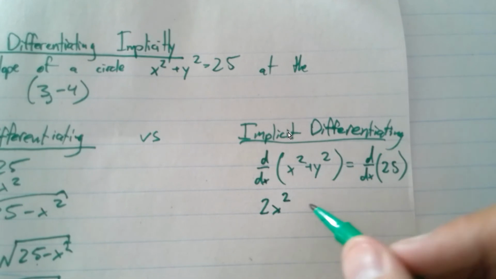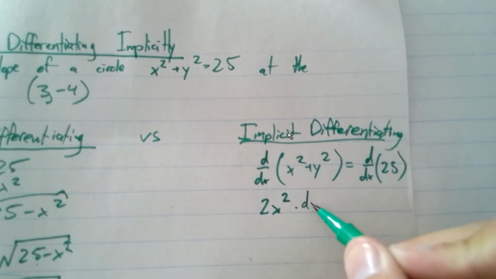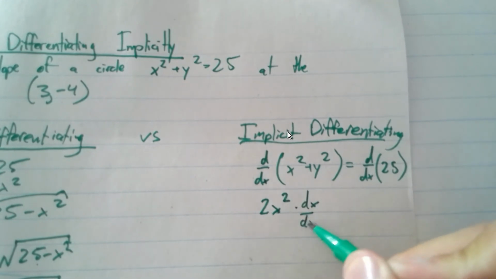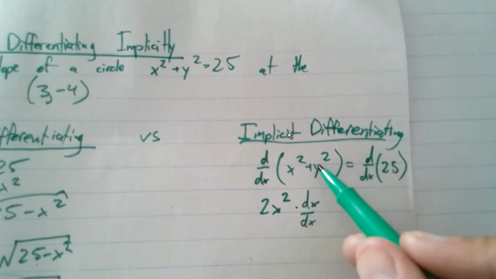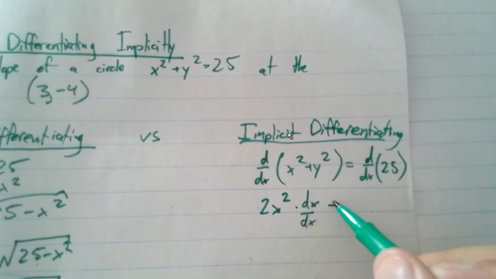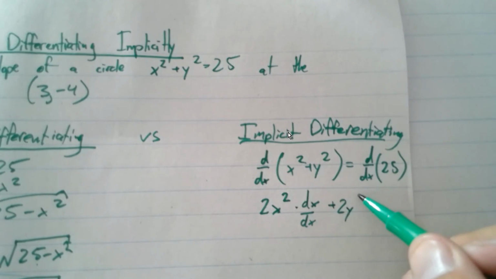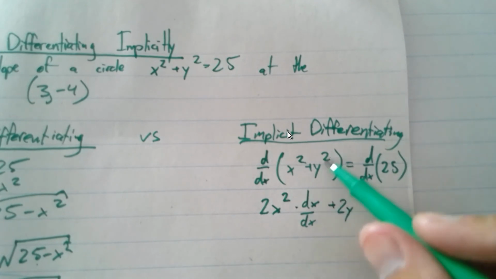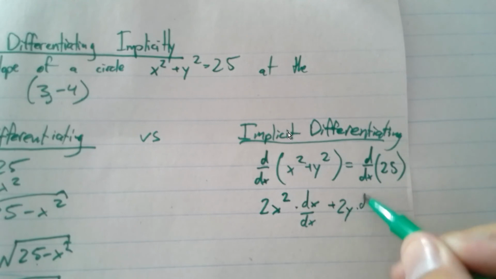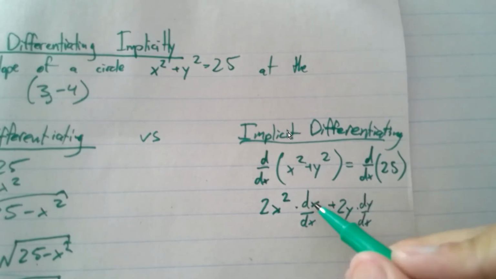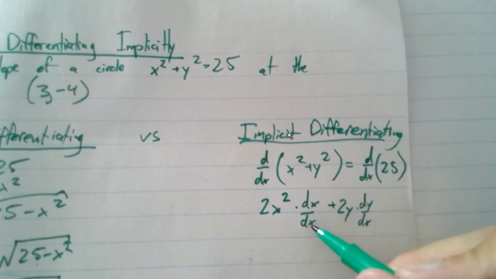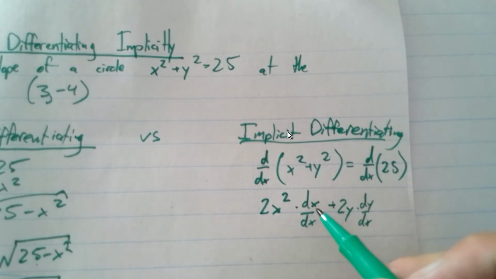Actually, if I did do the chain rule, some people ask me, how come I don't multiply by that? For the y term, that's going to be 2y times dy over dx. How come I didn't take the dx with respect to x, Mr. Wee? Because that's kind of redundant.